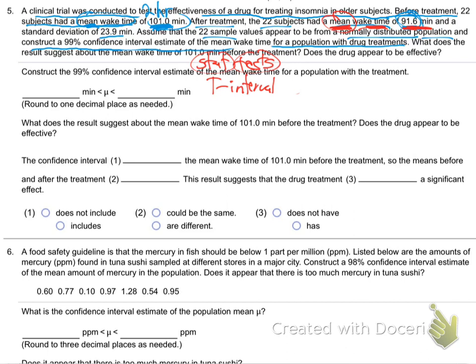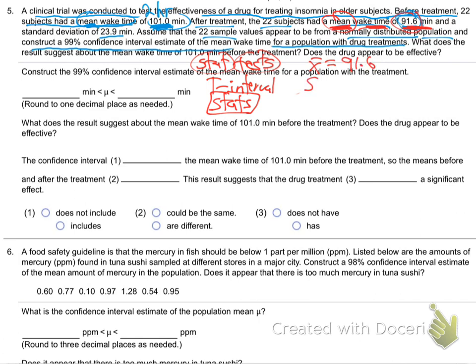So you choose T interval, and then choose stats. Instead, it has the data and the stats option. Choose stats, highlight stats, and then it'll ask you for X bar. X bar is the average, the mean, 91.6.